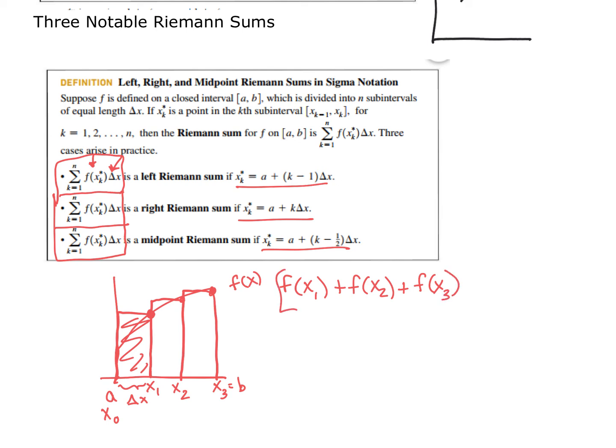And I'm going to take each one of those and multiply by delta x. So this first grid point here, x sub 1, we call it x sub k star, but it's really just a plus k delta x, where k begins at 1 and cycles through.